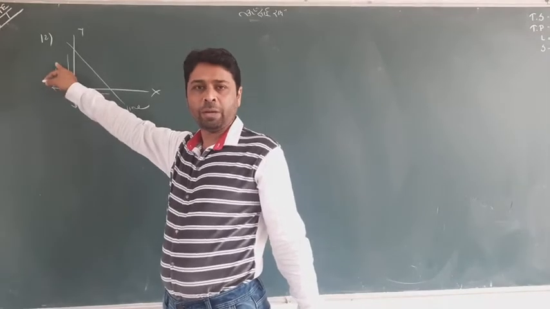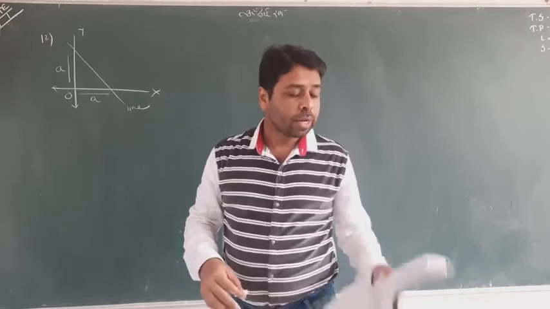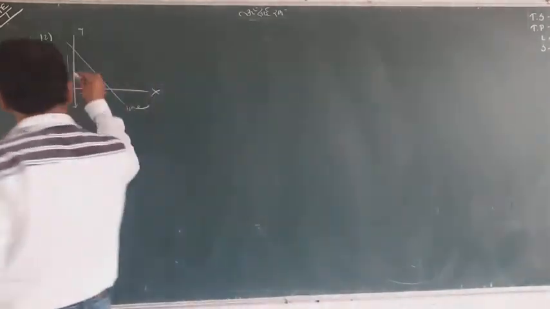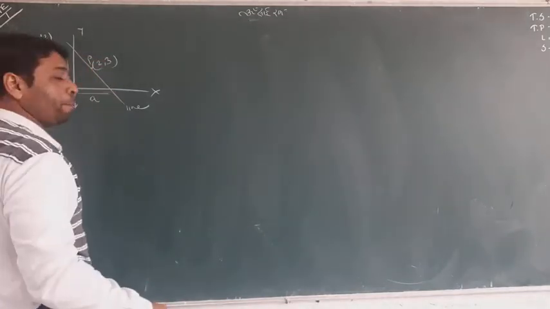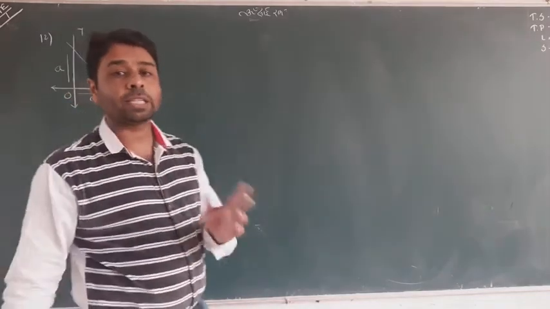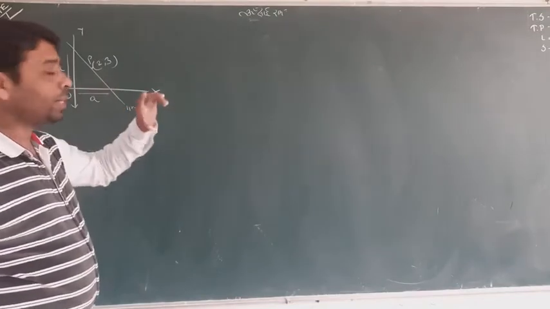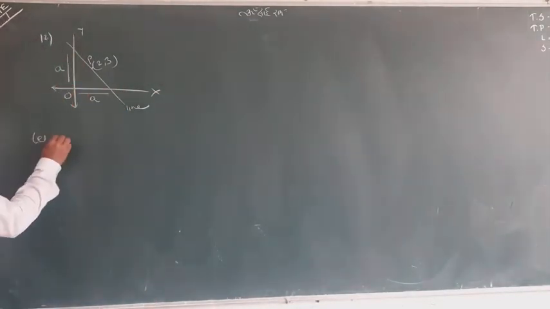It was actually b, but it is now a, because intercepts are equal. It is also passing through (2, 3). The book says the line passes through (2, 3). Suppose it is the point P. The line passes through (2, 3) and makes equal intercepts on both the axes. So the situation is very clear. Definitely intercepts are equal, so I will start with that.